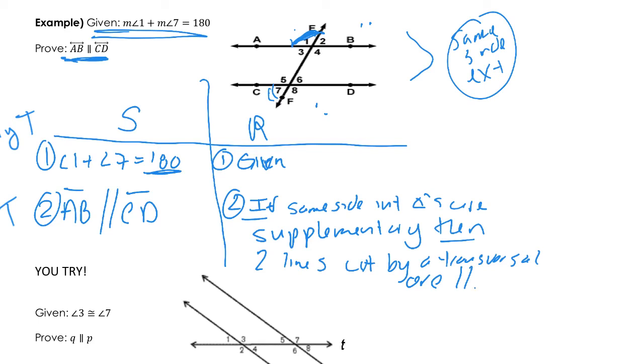So it's basically just explaining what we know. Because if these two add up to 180, then my lines must be parallel. Let's try the one underneath, give it a go, then play the video so you could see how to do it.